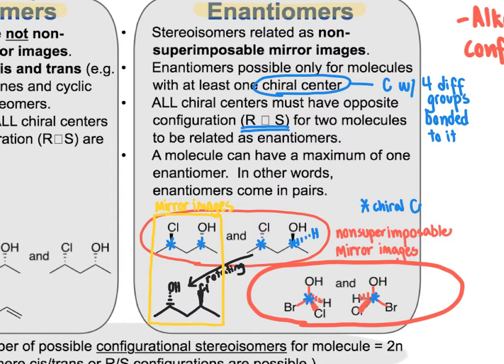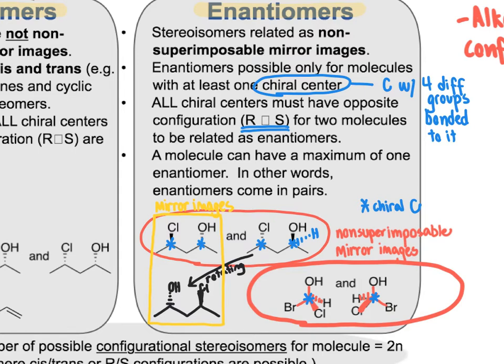So we're going to have the terms R and S that we will use to describe the orientation of atoms around each of those starred carbons that we've made at the bottom. Around each chiral carbon, we'll be able to describe the molecule as having the R configuration or the S configuration. That's going to specify the exact stereochemistry of the molecule in words.